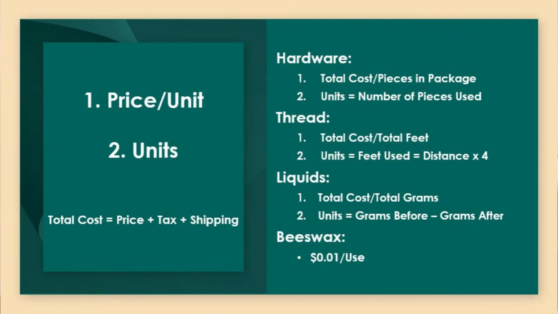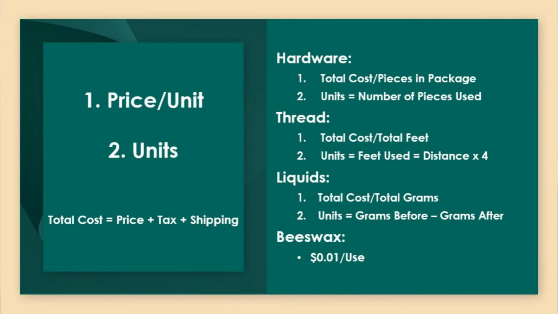Bottom line, every bit of what we're doing as far as calculating the prices really comes down to two different numbers. First, that is your price per unit. For leather, that is your price per square foot. I have videos about that. We covered how to get price per unit for hardware, which is just the price divided by the number of items you buy in a pack.